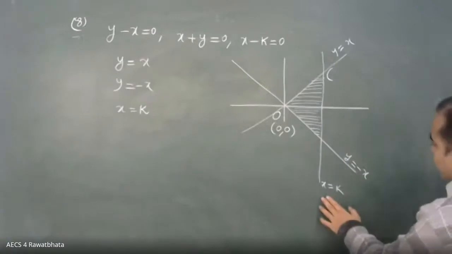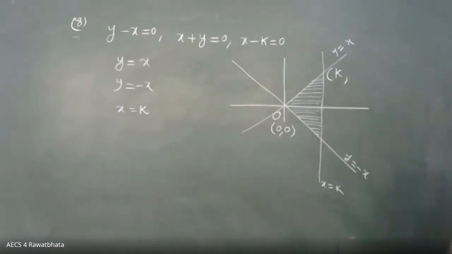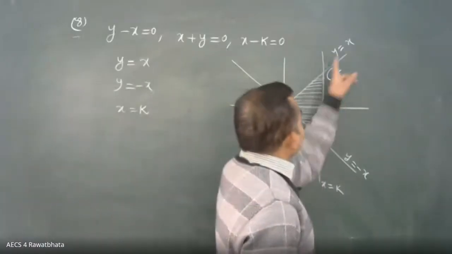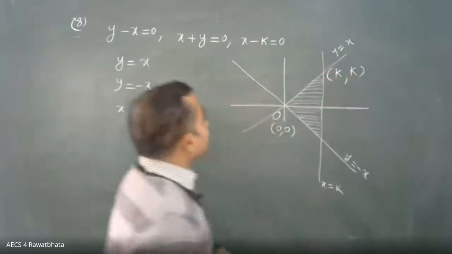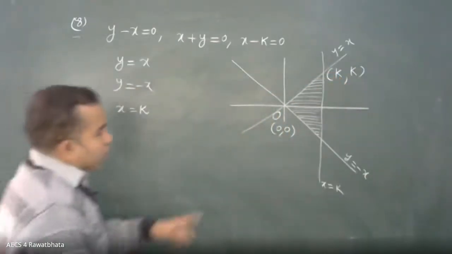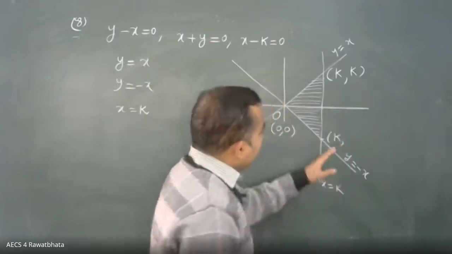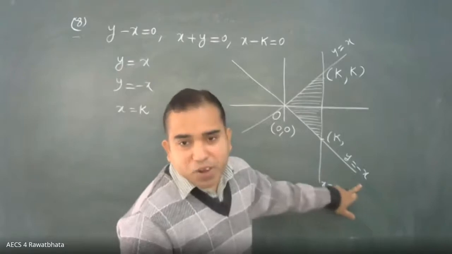See, this point lies on the line x equal to k, so the x coordinate will certainly be k. What should be the y coordinate? K, because this point lies on the line y equal to x. Similarly here, the x coordinate will be k and the y coordinate will be minus k.